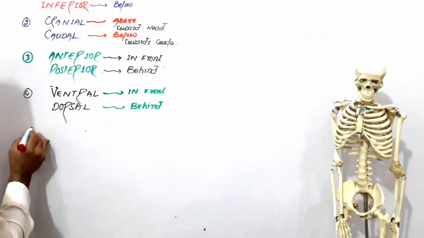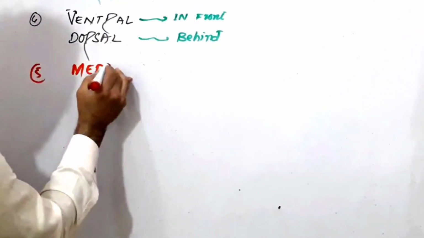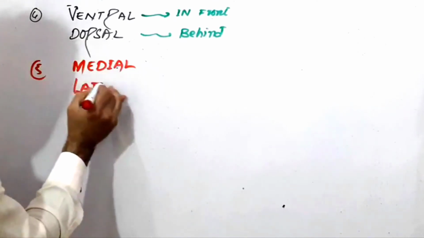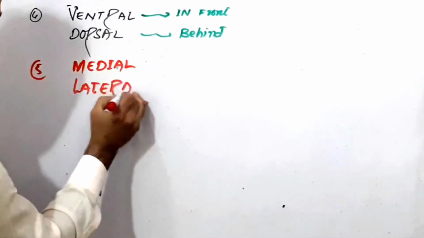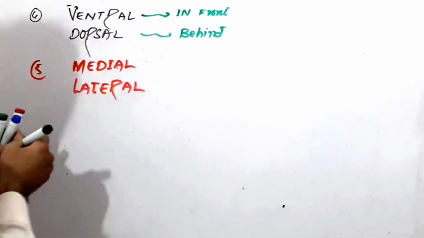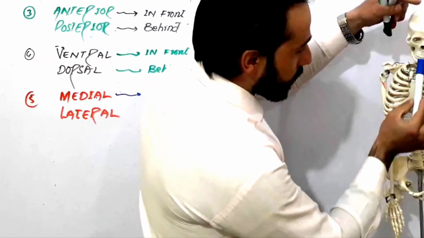Look, number 5, medial, and there is lateral. What does it mean? Medial means midline. Look carefully. This is the middle line of our body, right?